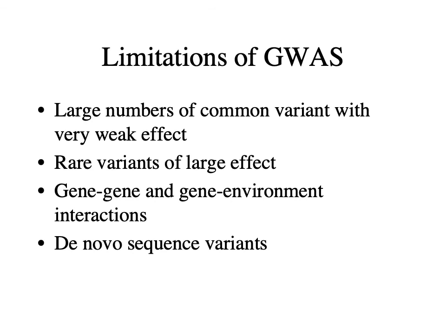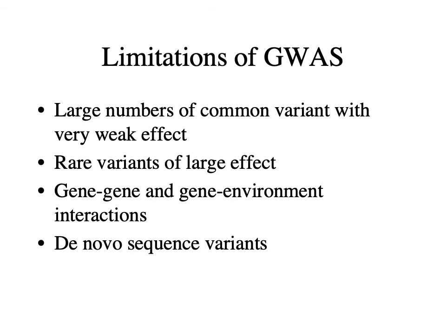And genome-wide association studies definitely ignore any type of gene-to-gene or gene-environment interactions. There is no way for genome-wide association studies to take into account those types of interactions. And in addition, genome-wide association studies, just by virtue of the methodology, cannot take into account any type of de novo sequence variants.